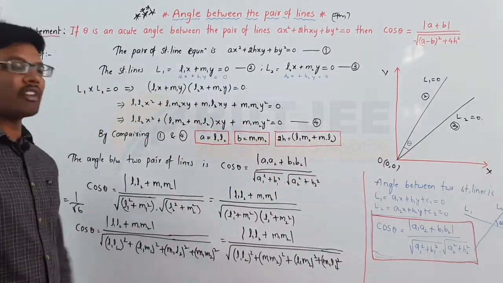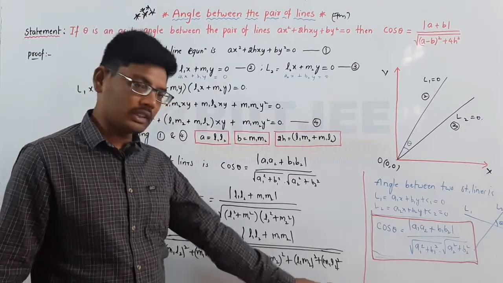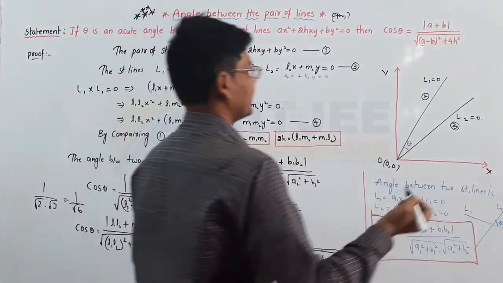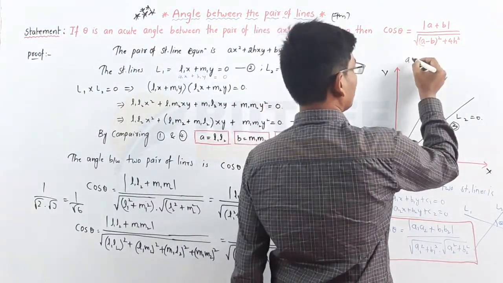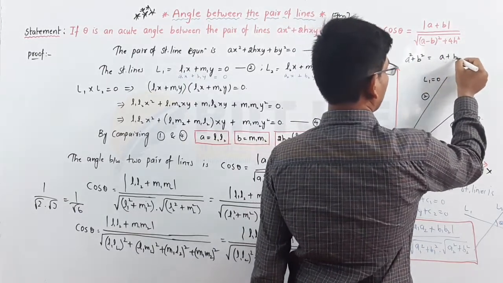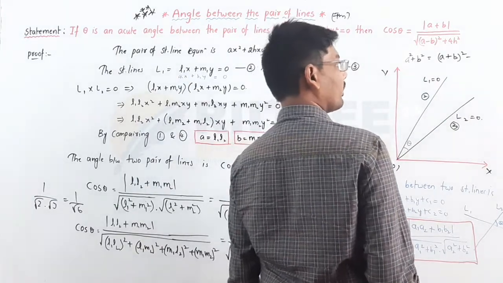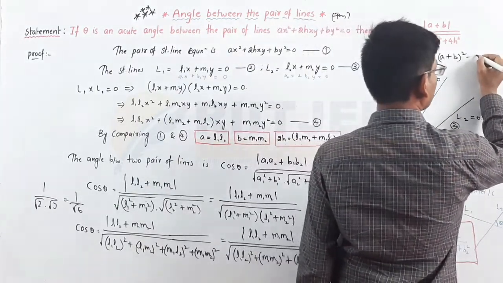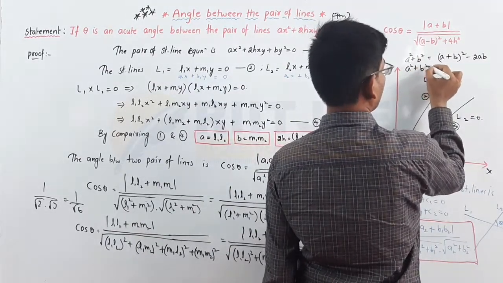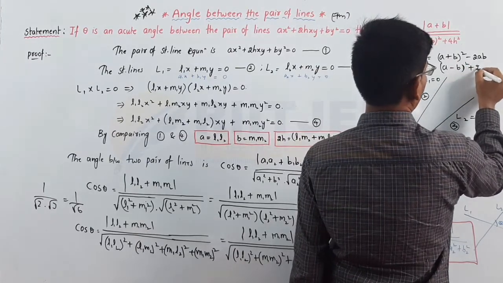Here we have a formula: consider this is A and this is B. We have two formulas: A square plus B square is equal to A plus B whole square minus 2AB, and A square plus B square is equal to A minus B whole square plus 2AB.